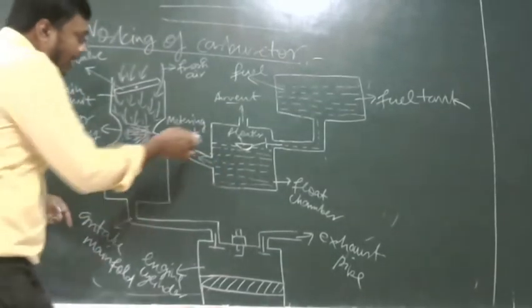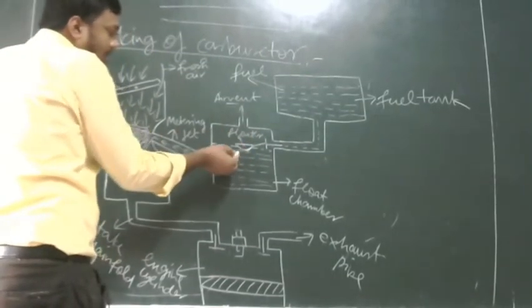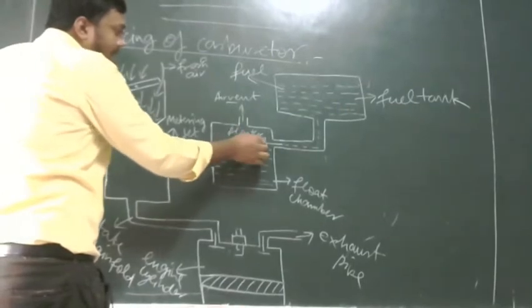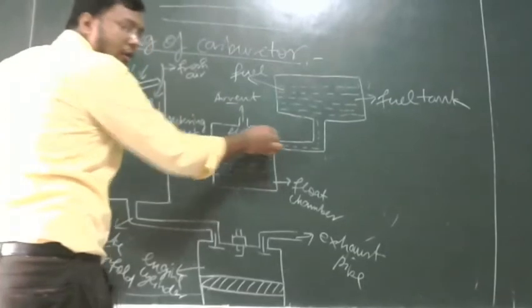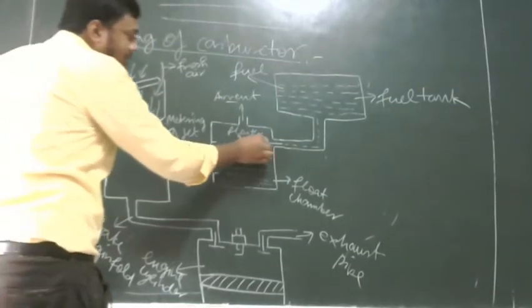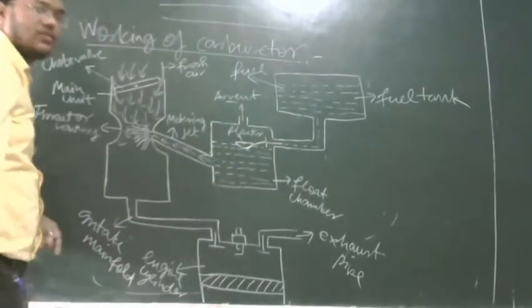When the required quantity is maintained, this floater will come to the top side and push this valve to the mouth of the float chamber, and this mouth closes and fuel supply will stop.